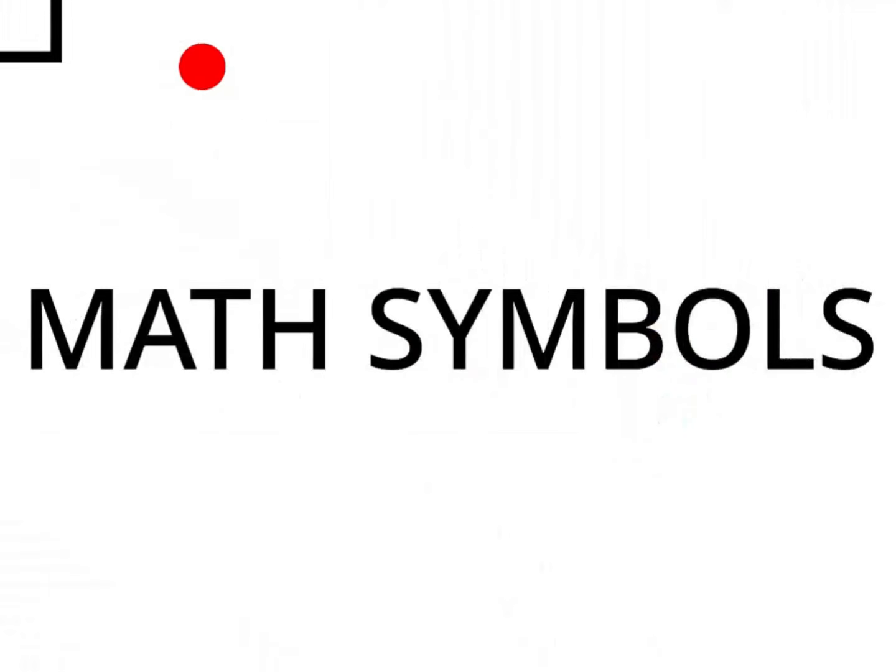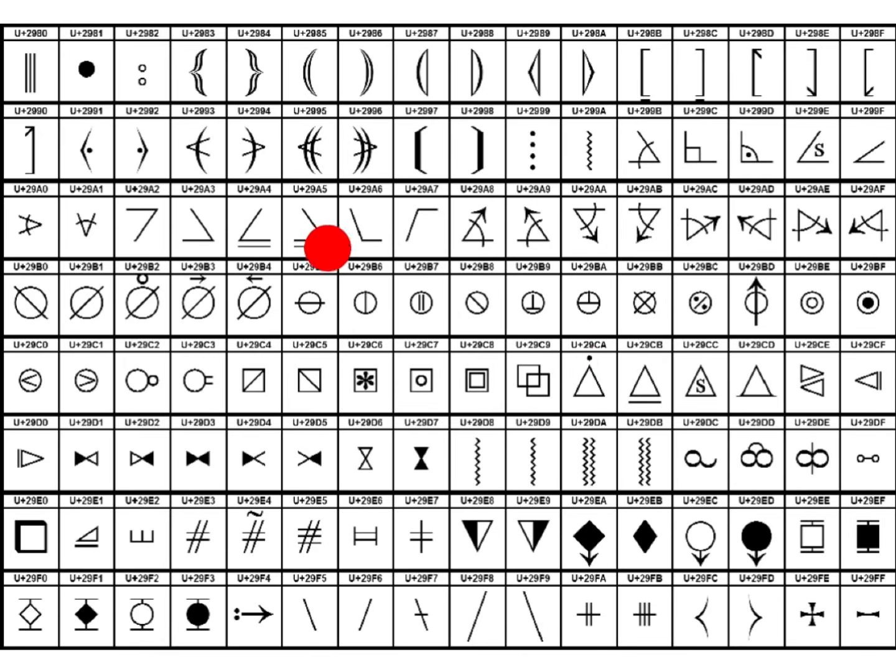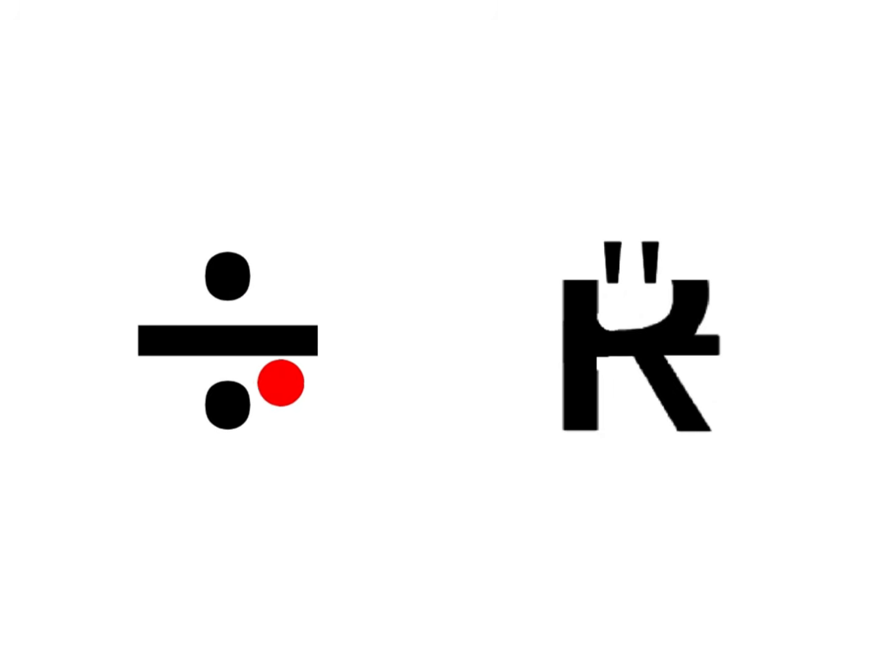Math symbols is going to be hard because there's so many different math symbols. So I'm only going to do the ones that I think are important. So basically, division is already kind of covered because we did other fractions. Addition is going to stay exactly the same.